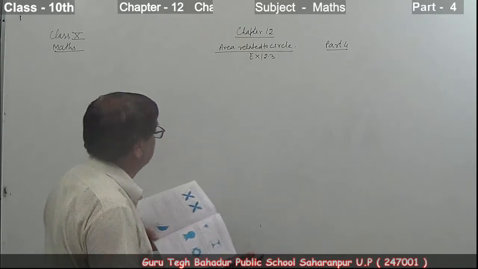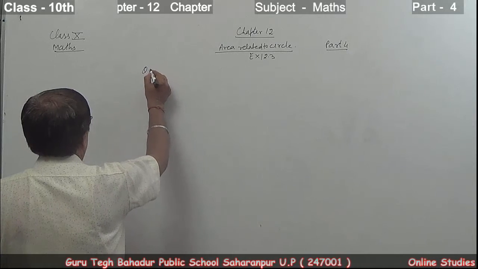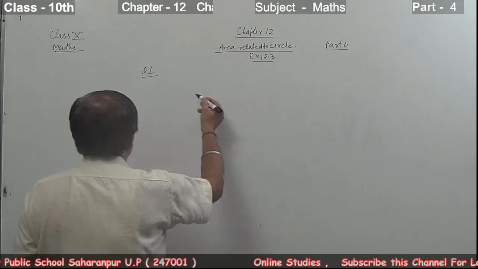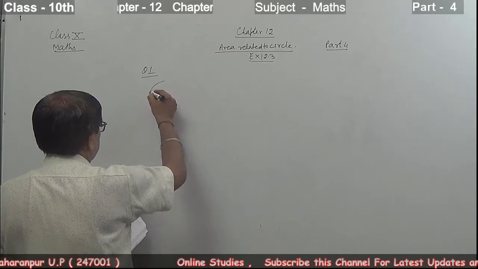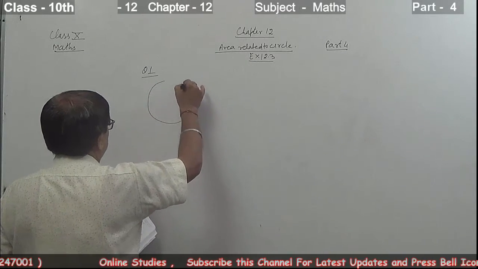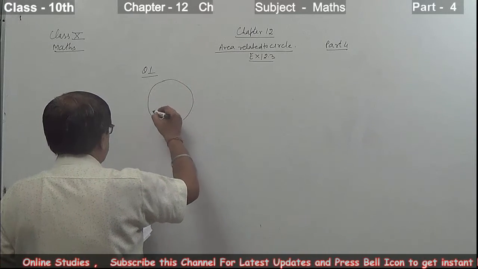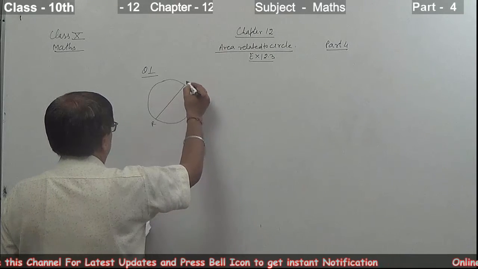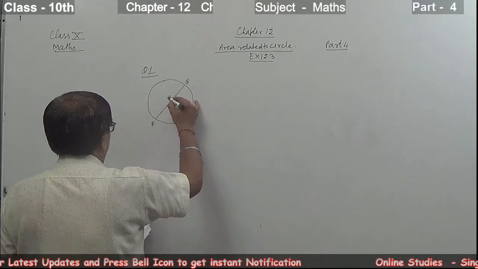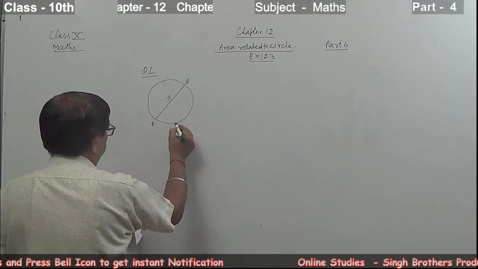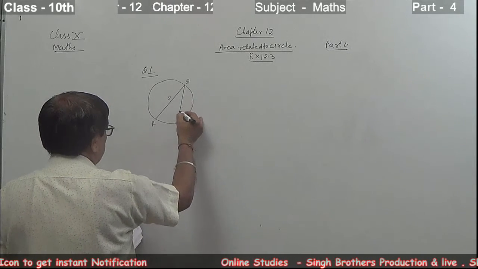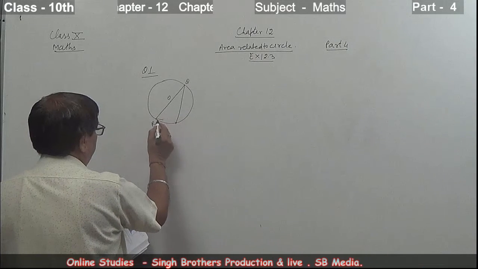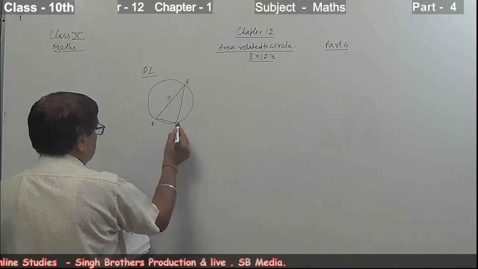Now see question number 1 of exercise 12.3. This is given to you. This is a circle. This is the diameter of the circle. The points are R, Q and O. P is any point on the circle.